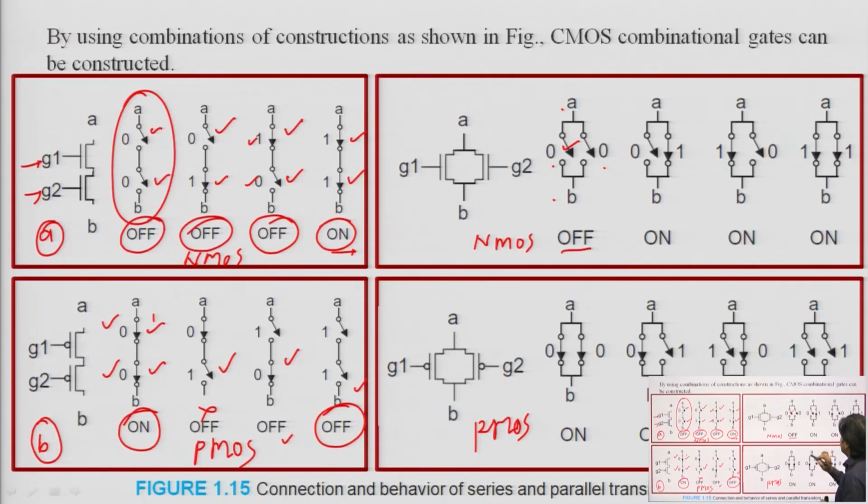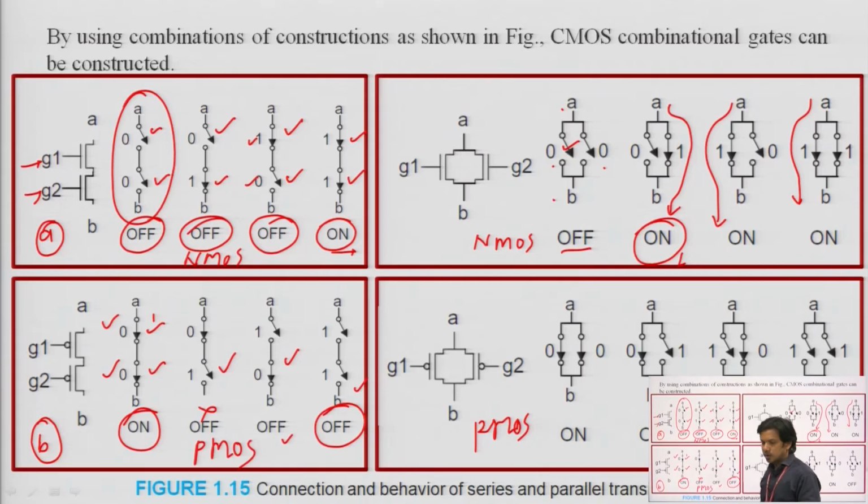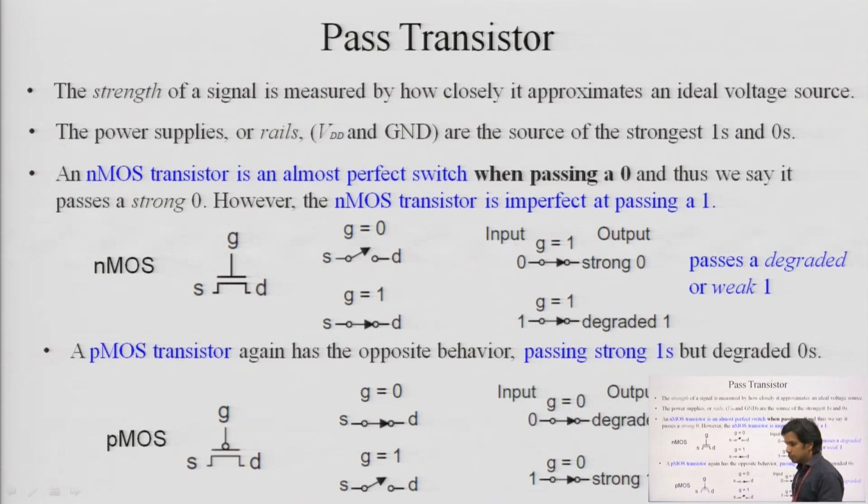Second, if any one is on, that means there will be a flow of current. So, from A to B you will have one path. This path will give on, so it is having logic 1. Again in the opposite case, from here you will have on condition. In the fourth we are having both on. So, these are the configurations that you can see. This is the connection and behavior of series and parallel transistors.